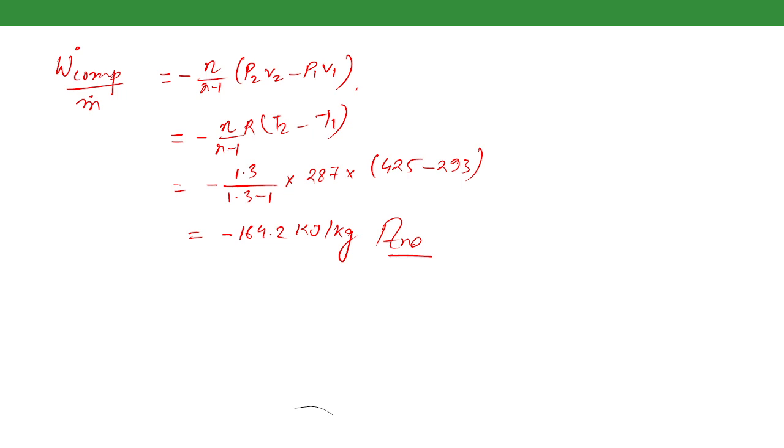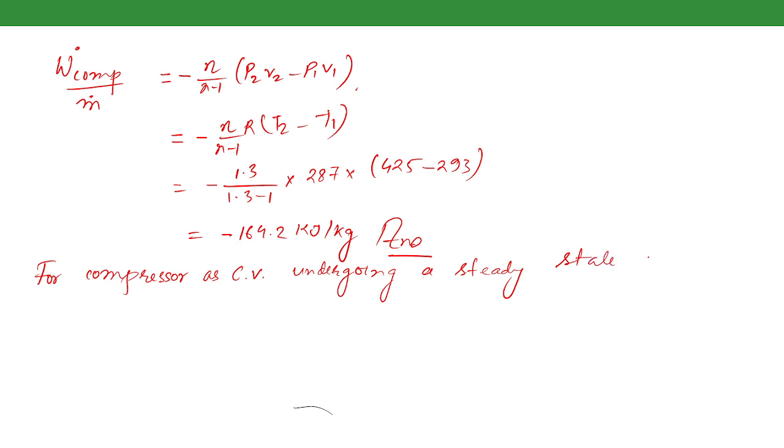And what is the heat transfer per unit mass now? For the compressor as a control volume undergoing a steady state process, dECV by dt is equal to 0, which equals Q control volume minus W control volume plus m dot (h1 minus h2).